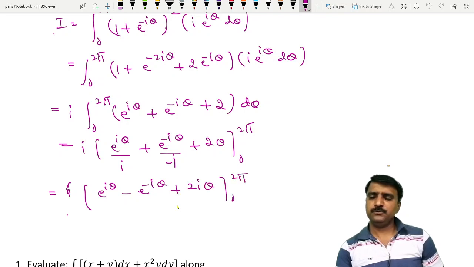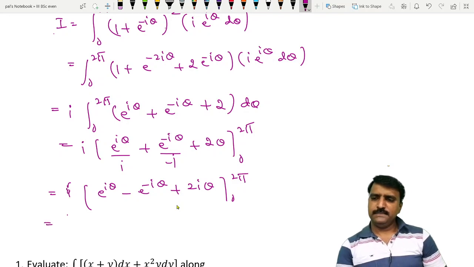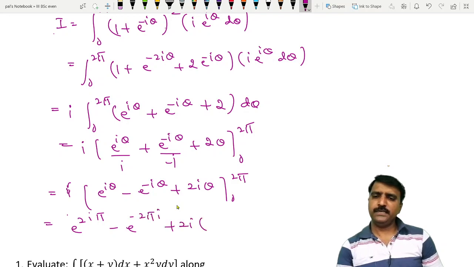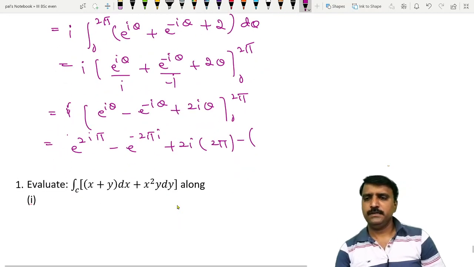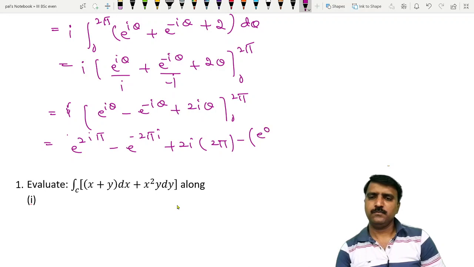Limit is from 0 to 2 pi, which is e to the 2 i pi minus e to the minus 2 pi i plus 2i into 2 pi, minus the lower limit: e to the 0 minus e to the 0 plus 0. It cancels.